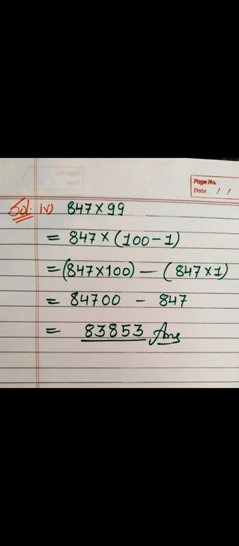Now listen student, this property can also be applied in another way. As you are seeing here, we have to find the value of each of the following using various properties. So how? Listen, as you are seeing the first one, you see 647 two times in both the terms.